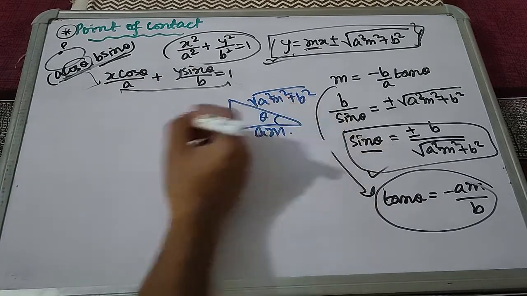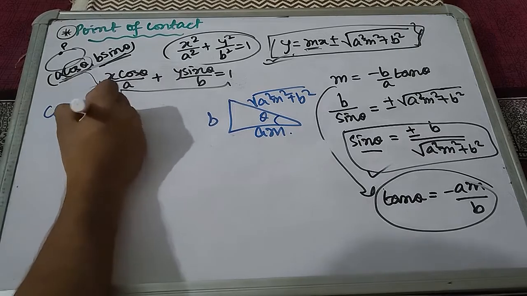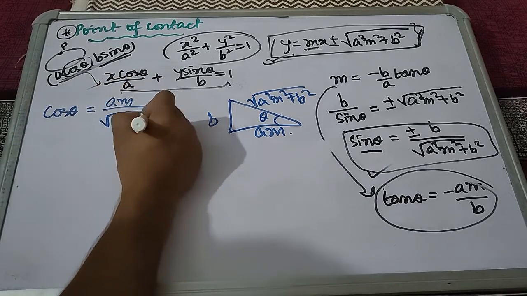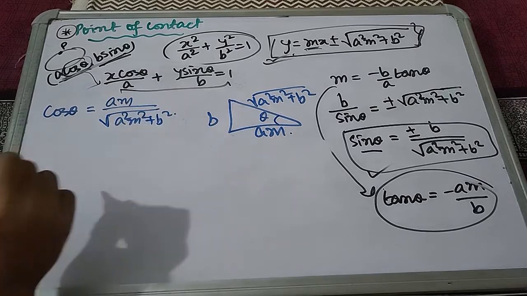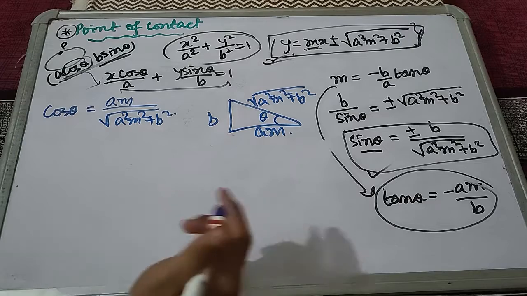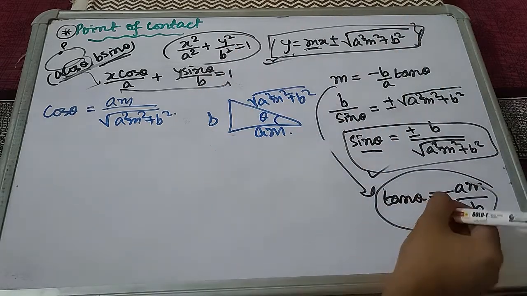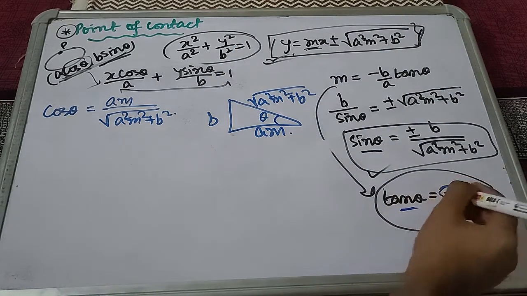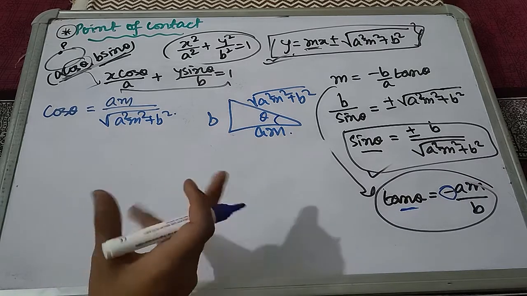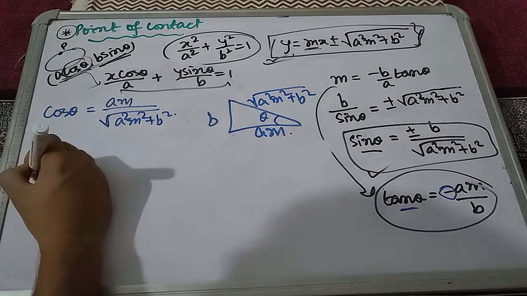What is now cos theta? Cos theta is am by under root of a square m square plus b square. Now what sign does cos theta have? Because sin theta has plus and minus, and tan theta is negative, sin and cos must have different signs when we take a pair.